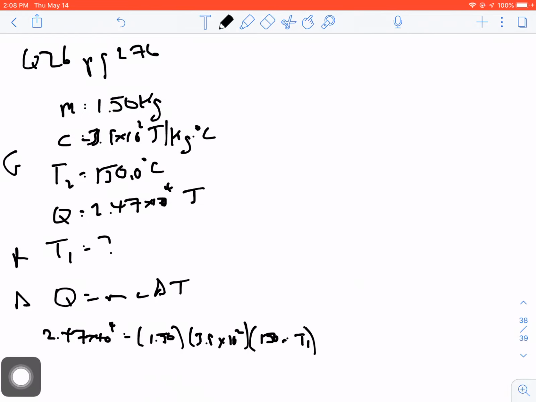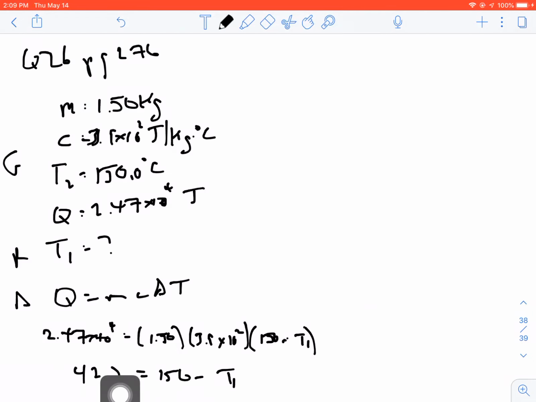If I do that on my calculator, 2.47 times 10 to the 4 divided by that, I'm getting 42.2 equals 150 minus T1.